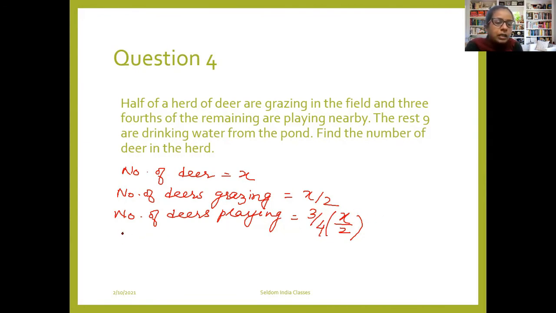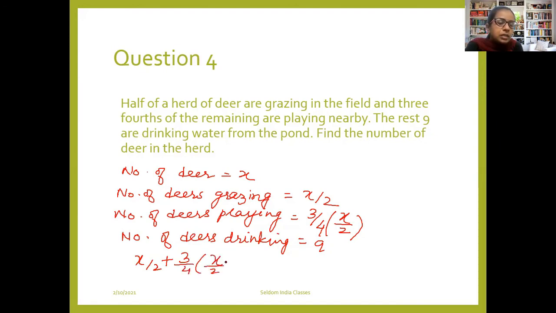And the number of deer drinking equals 9. The sum of all these three, x by 2 plus 3/4 of x by 2 plus 9, equals x. This is the total number of deer.